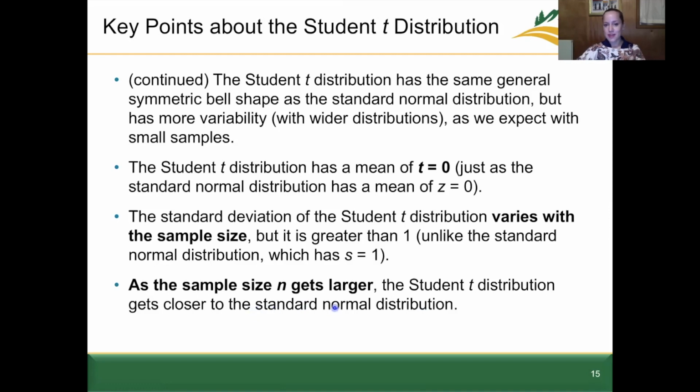What would that mean for the standard deviation then? So as sample size gets larger for a student t-distribution, then that standard deviation value would get closer to 1, because it would more closely then start to resemble a standard normal distribution.